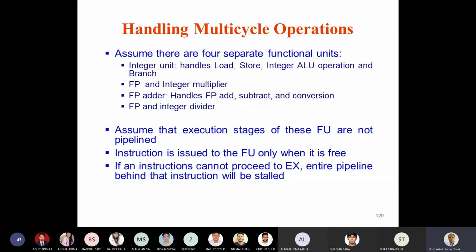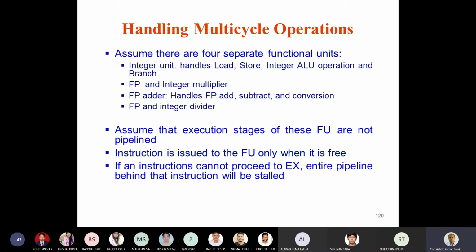When an instruction cannot proceed to the execution stage because the functional unit is not available, since some other instruction is already executing in that functional unit, until that instruction completes its execution, the functional unit will not be free and no instruction will be issued to it. So if you are not able to issue the instruction, then the entire pipeline behind that instruction will be stalled.